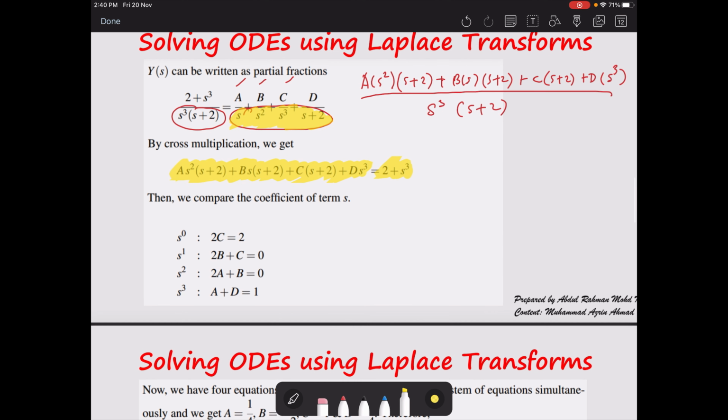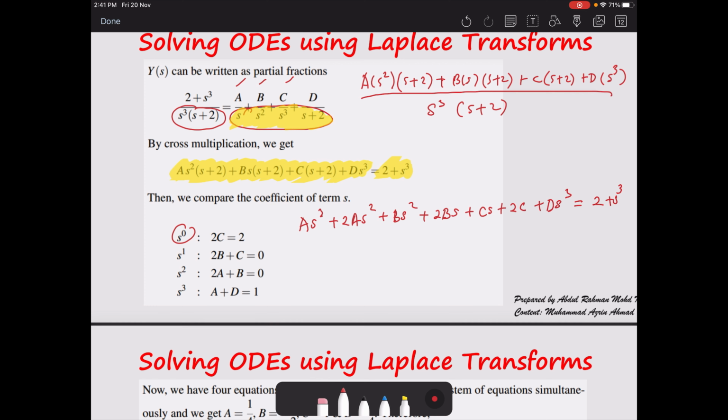When we are collecting the s power of 0, it means that we have a number. Let's expand first. When we expand, we have A s cube plus 2A s square plus B s square plus 2B s plus C s plus 2C, plus D s cube is equal to 2 plus s cube.